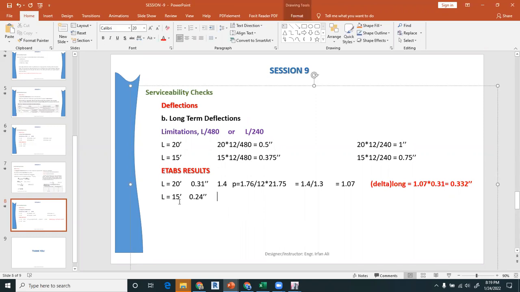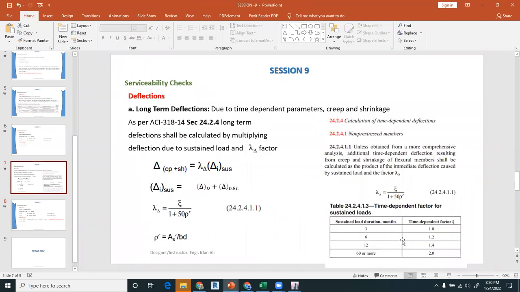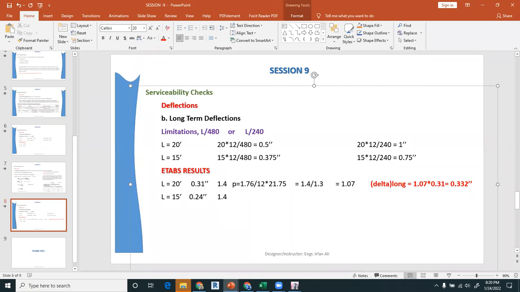Now the next is the 15 feet long beam, where the delta sustain obtained from ETABS is 0.24 inches. If we select it for 1 year, for 12 months, it is 1.4, again 1.4, and rho is the same because we are using the same reinforcement, which is 0.006.